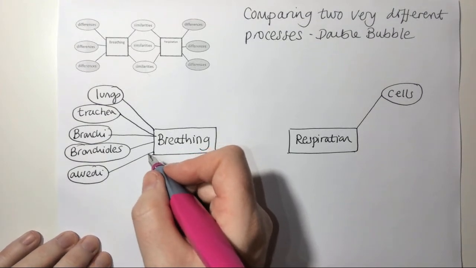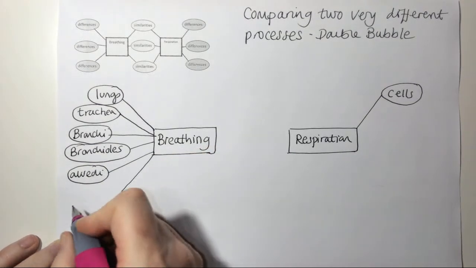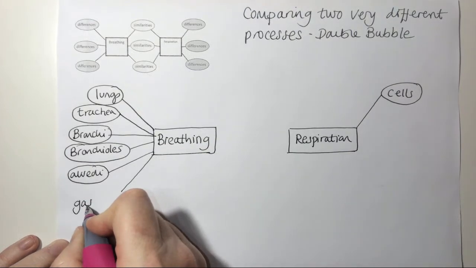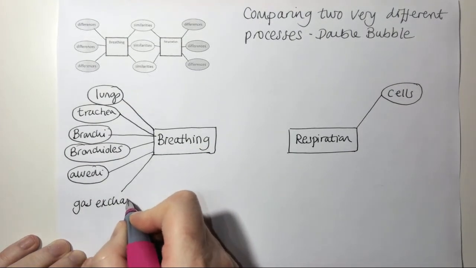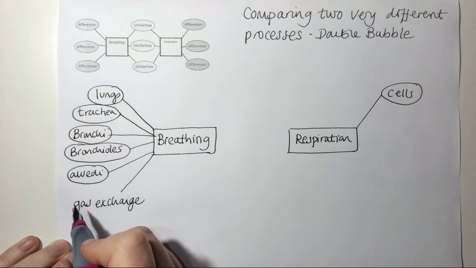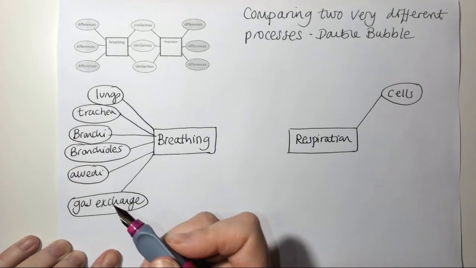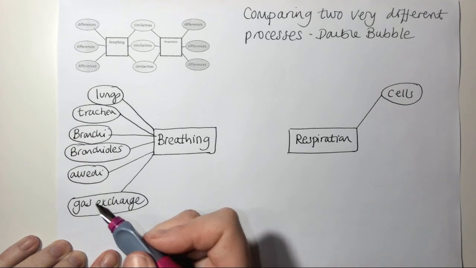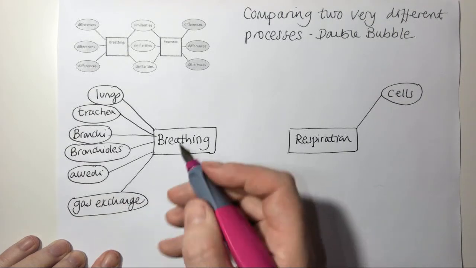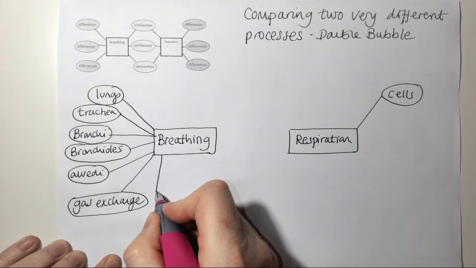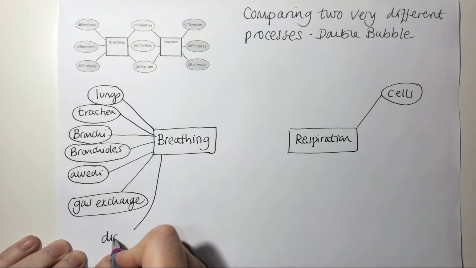Once you get to the alveoli, we have a process of gas exchange happening, where we've got carbon dioxide moving into the alveolus and oxygen moving out of the alveolus. We could also say that in breathing, the diaphragm is involved.